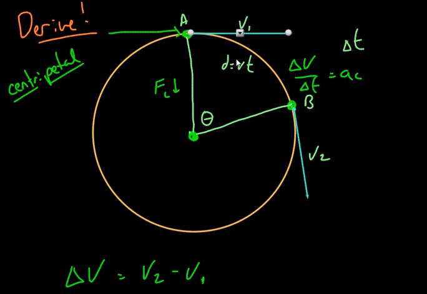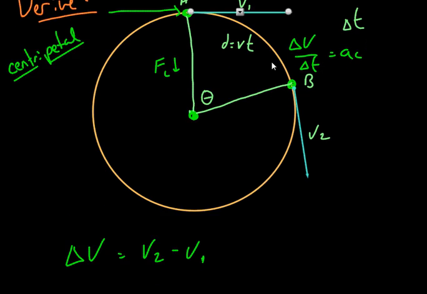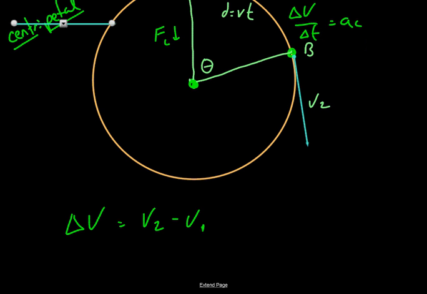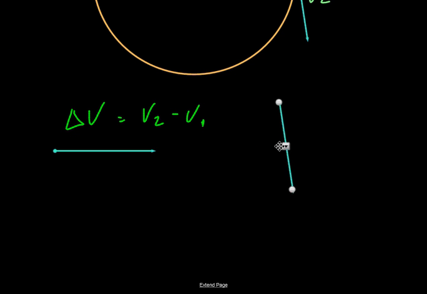I've got to take that guy, which is V1, and this guy, which is V2, and I've got to say V2 subtract V1. Well, we remember that vectors are added tip to tail, and when we subtract vectors, we add the opposite vector.